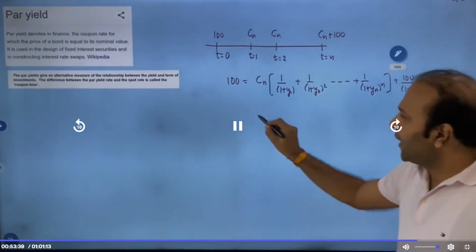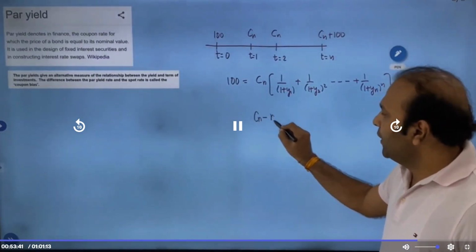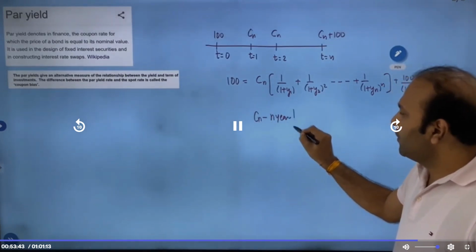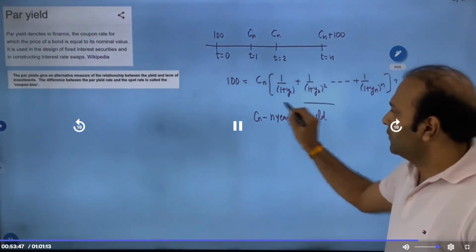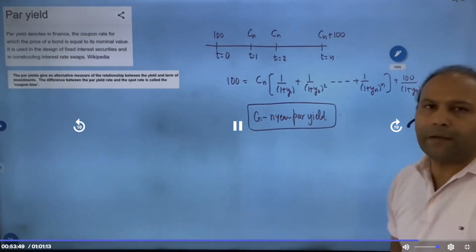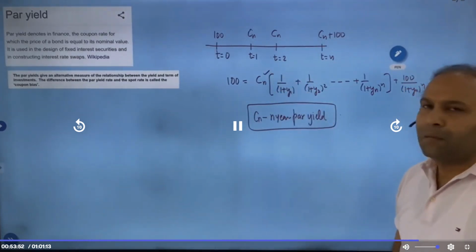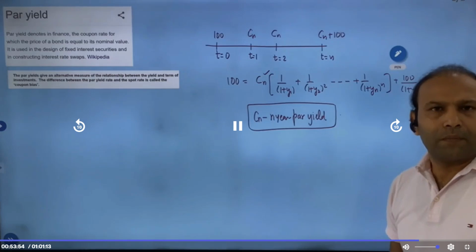So class, in this scenario my Cn is said to be the n year par yield. Fine. So this is nothing but what? My coupon payment only. Fine.